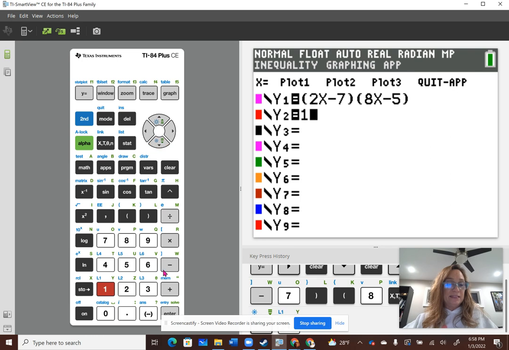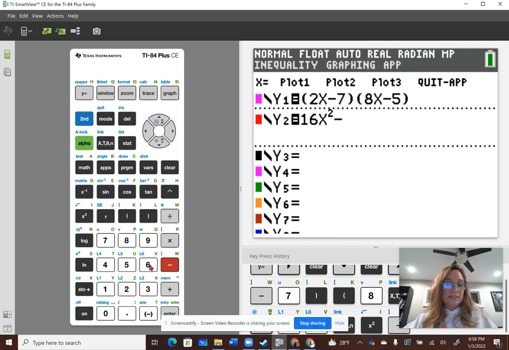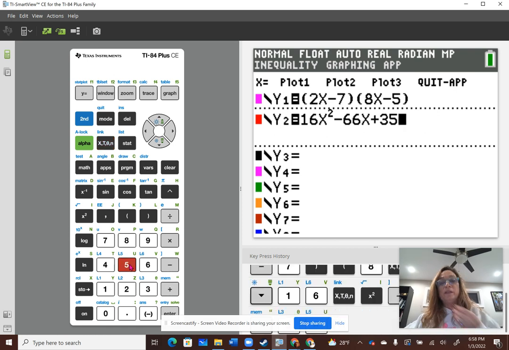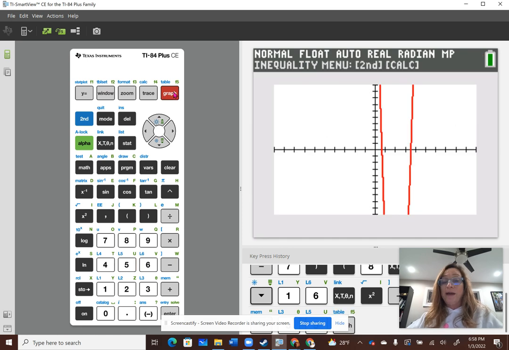So I have 16x squared minus 66x plus 35. And this is what I do believe for the product to be. So, I can hit the graph and these are pretty large numbers, so you may or may not see a picture. Oh, I did.